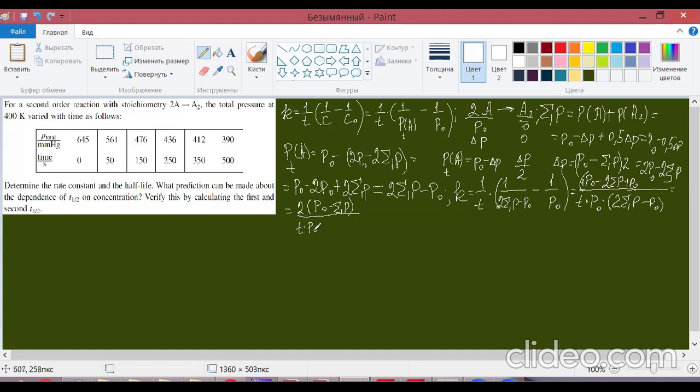T times P0 times double sigma P minus P0. So that's the formula. Okay.